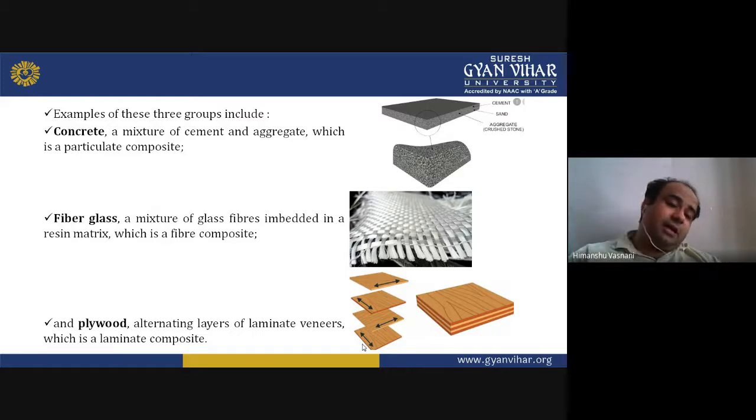And you have fiberglass, which is a mixture of glass fibers embedded in a resin matrix, a fiber composite. And then you have plywood, alternating layers of laminate veneers, which is a laminate composite. You can see this clearly in the diagram.